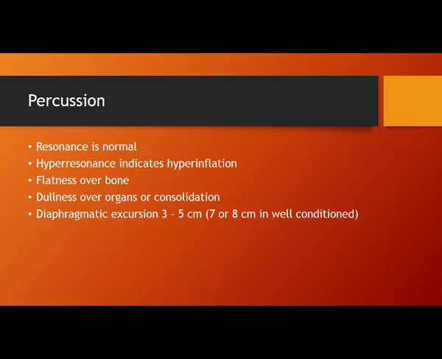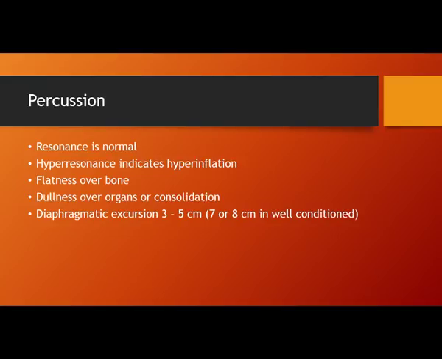Hyperresonance would indicate hyperinflation, like in the case of emphysema where some of the alveoli have formed blebs, in other words open spaces of air as opposed to the alveoli. If you're over a bone, like the sternum, you'll hear flatness. Flatness is normal over bones. And then you hear dullness over solid organs or over areas of consolidation.